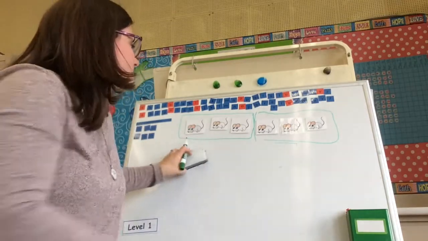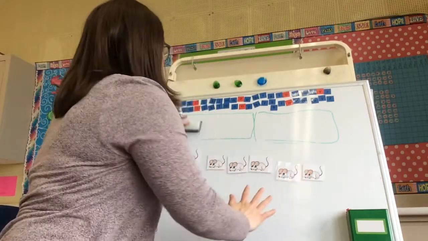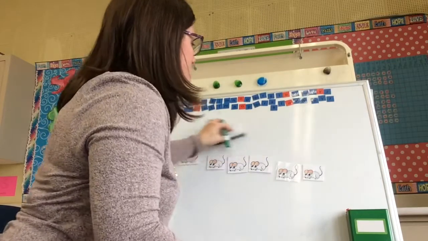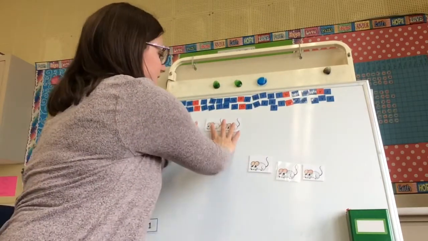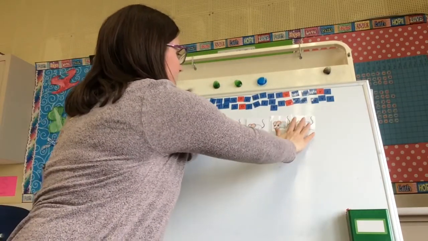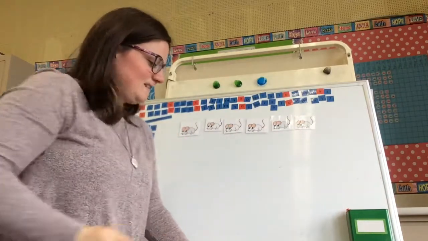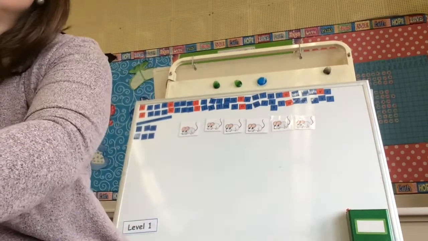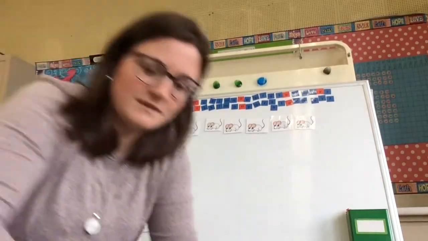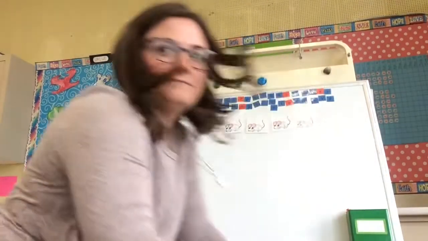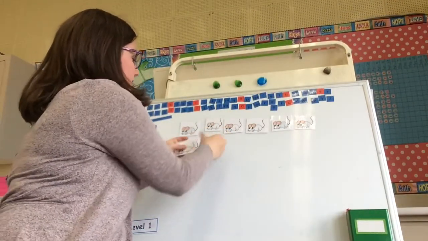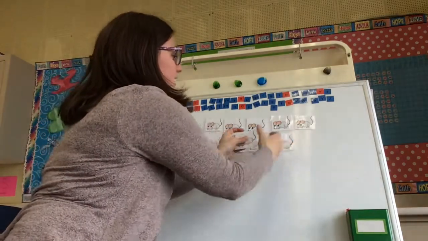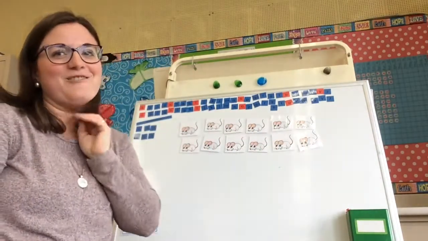Now this time, we're going to have some more mice. I'm going to add some more up here, and you tell me how many that we have up here. Okay, 1 fell on the floor there. So how many mice do I have now?